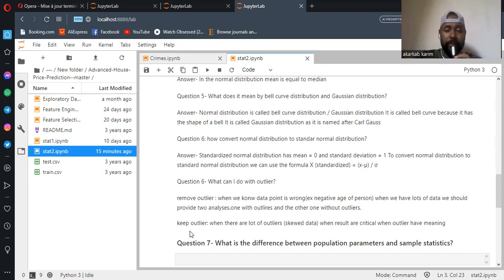The first strategy is to remove outliers, and the second is to keep outliers. We may have outliers in the data, on the right or on the left, when results are critical or meaningful.